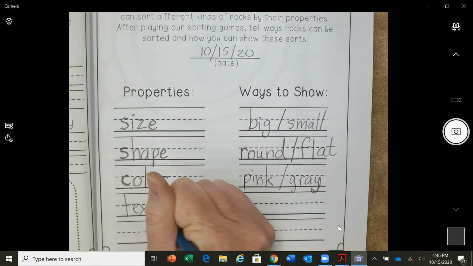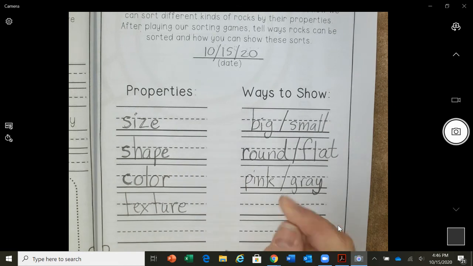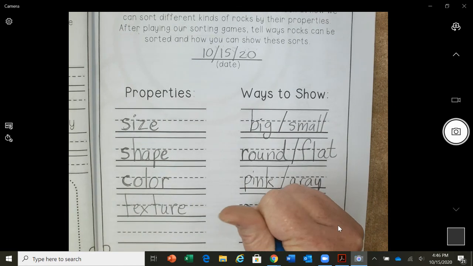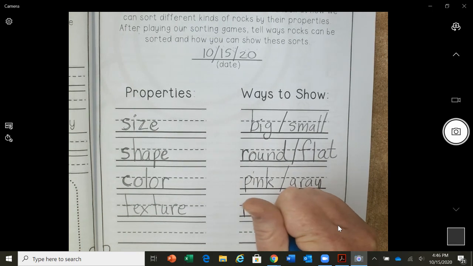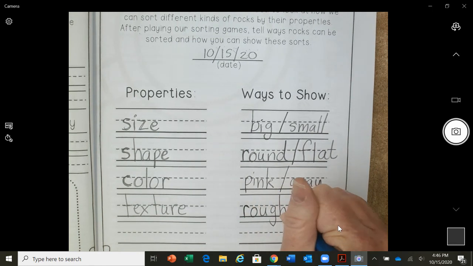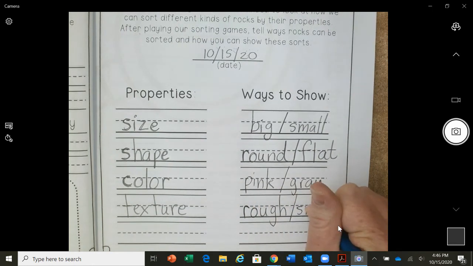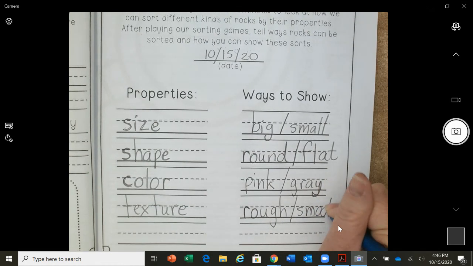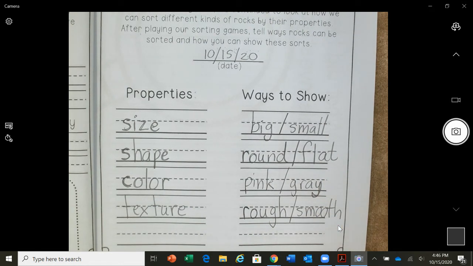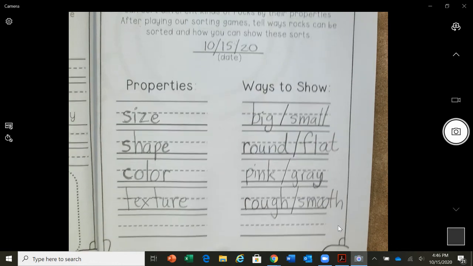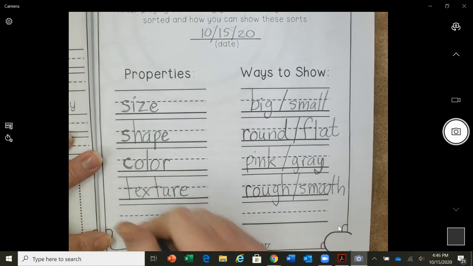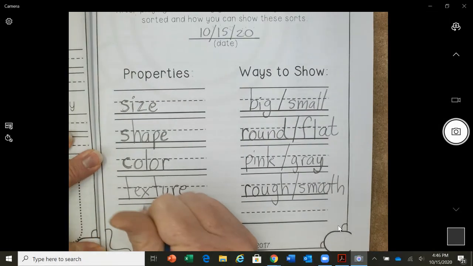Okay. The next one we did was texture. Texture, remember, was the way that it felt. So we did rough, if it was bumpy, or smooth, if it was smooth. Okay. And the last way that we sorted our rocks was by pattern.